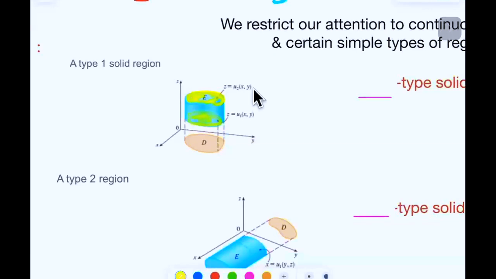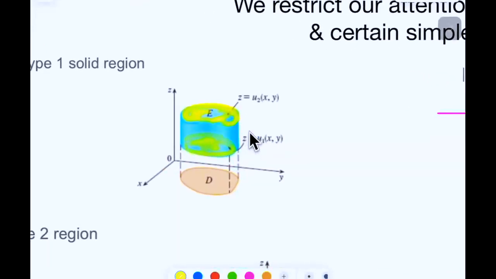So D here is going to be between this surface and this surface. The equation for this surface is z equals u1(x,y), and this one is z equals u2(x,y).